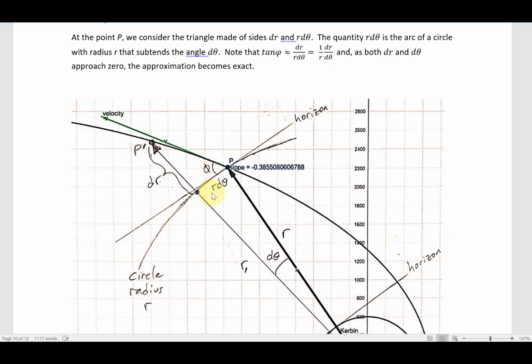That approximation is pretty good when r d theta and dr are pretty small, and then this little gap is pretty small. This expression, dr divided by r d theta, can be written as 1 over r times dr d theta, and as both dr and d theta approach 0, that approximation becomes exact at the point P. So we're computing the flight path angle phi at the point P using this fraction, 1 over r times dr d theta.